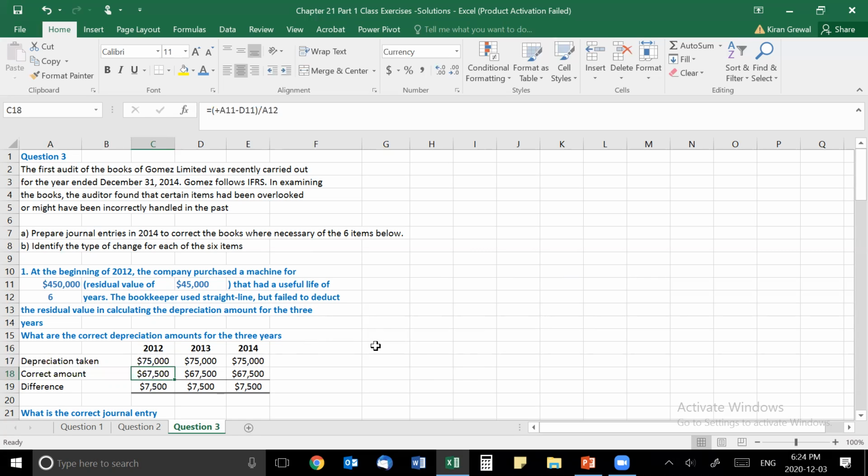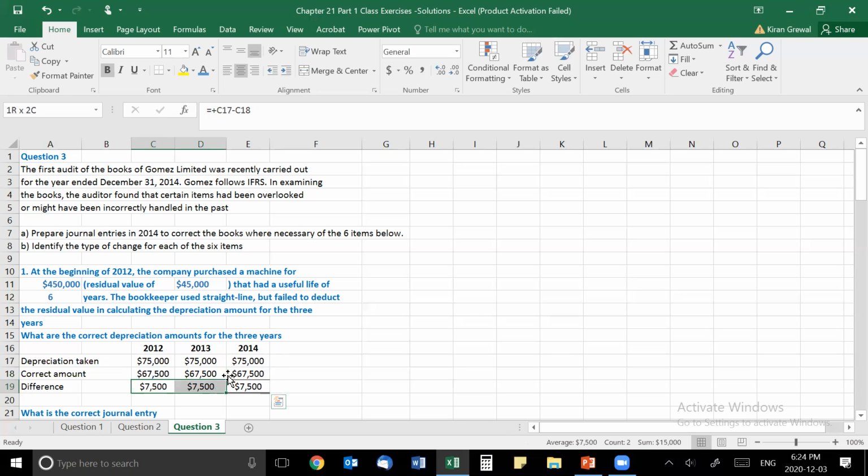If it's an error, we have to deal with this retrospectively. So we actually have to change the retained earnings in 2014 to account for this error. Okay, so we've actually taken too much depreciation. So we've taken 7,500 extra depreciation than we should have. So what we have to do, our books are still open in 2014. So in 2014, we can fix our depreciation expense.